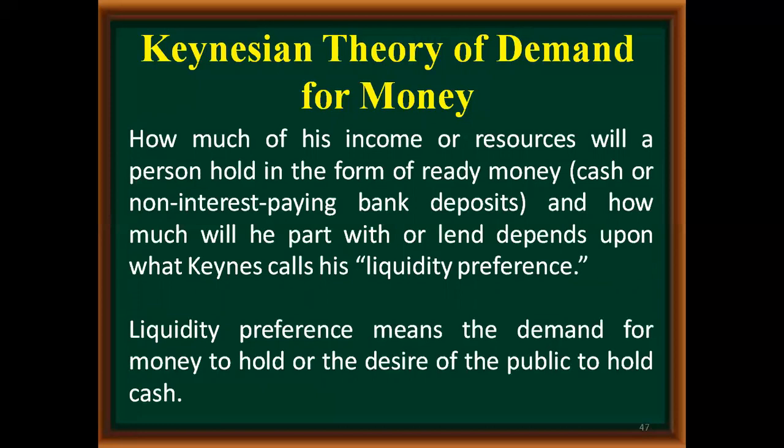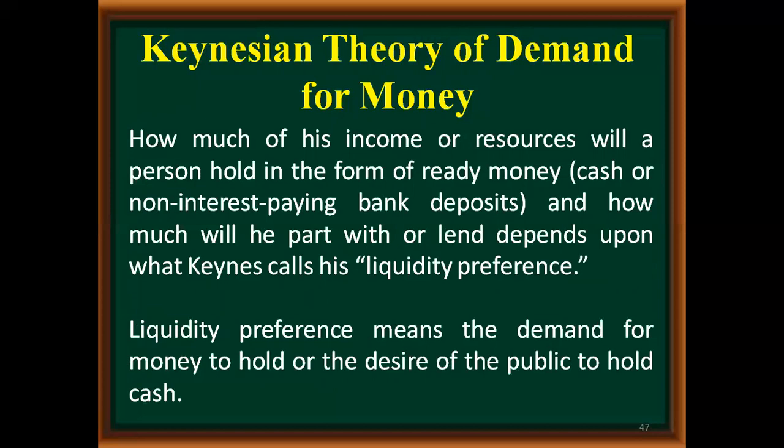That means, out of total income, how much a person is going to keep as ready cash for transaction purpose, and how much he will lend for other purposes will depend upon liquidity preference. Therefore, liquidity preference means the demand for money to hold, or the desire of the public to hold cash.